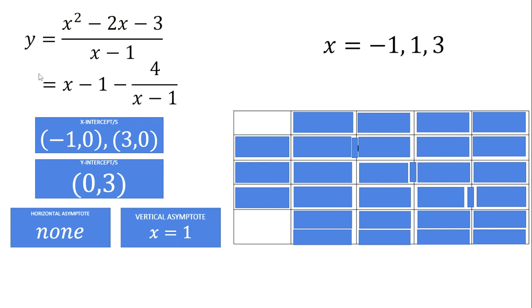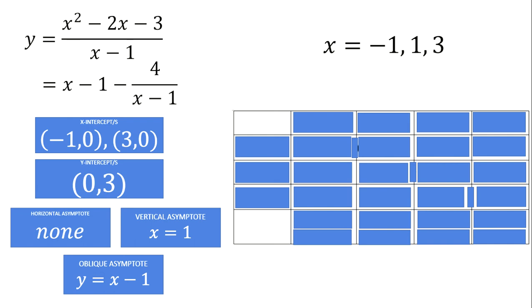An oblique asymptote is a slant asymptote, which means it's not just a constant function. It's linear. So x minus 1, that's our oblique asymptote.